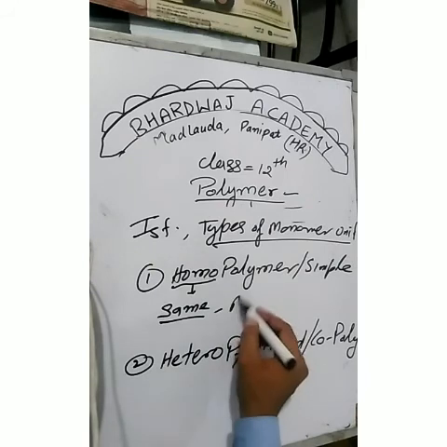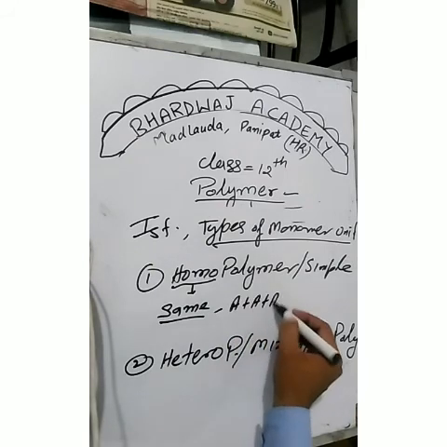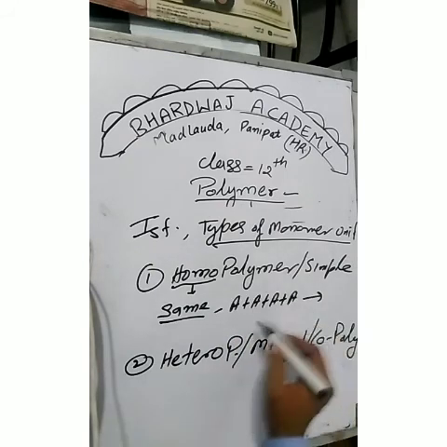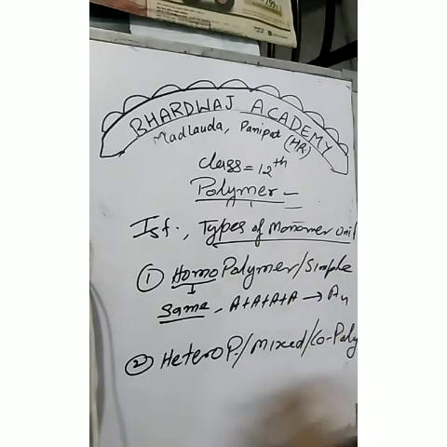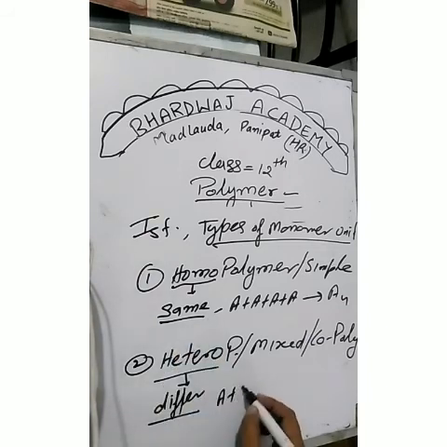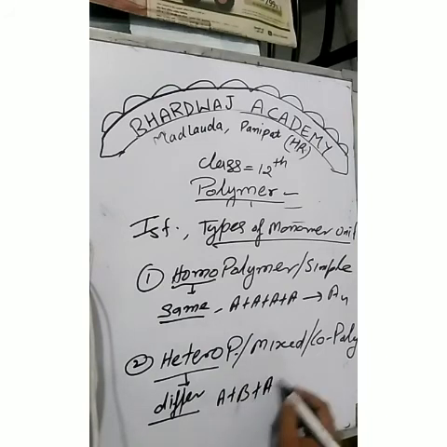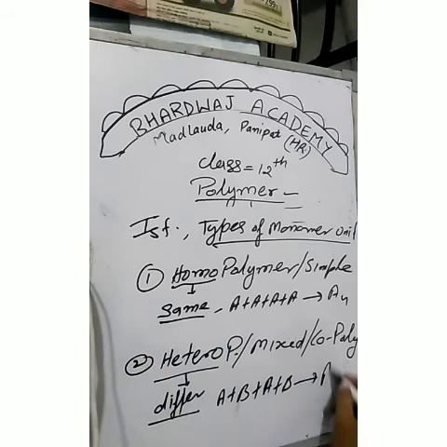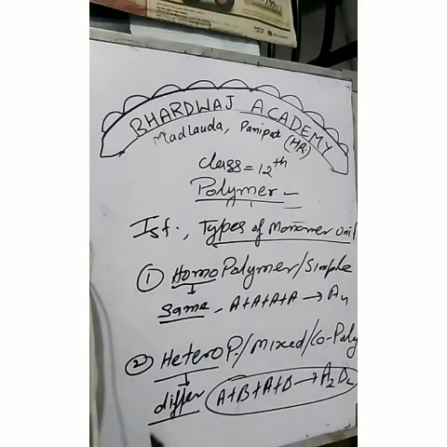For example, A plus A plus A plus A, this forms A4. In hetero, which means different, when different types of units, just like A plus B plus A plus B, combine together, they form A2B2. This is the general example of heteropolymer.